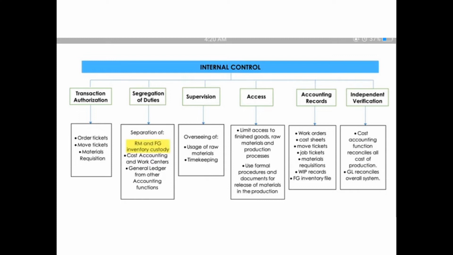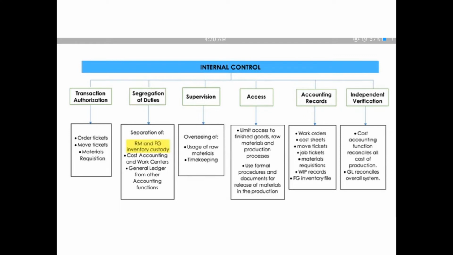Cost accounting function accounts for the work in process and should be separate from the work centers in the production processes. The general ledger is separate from other accounting functions to maintain the independence of the general ledger function as a verification step. The general ledger department must be separate from departments keeping subsidiary accounts.